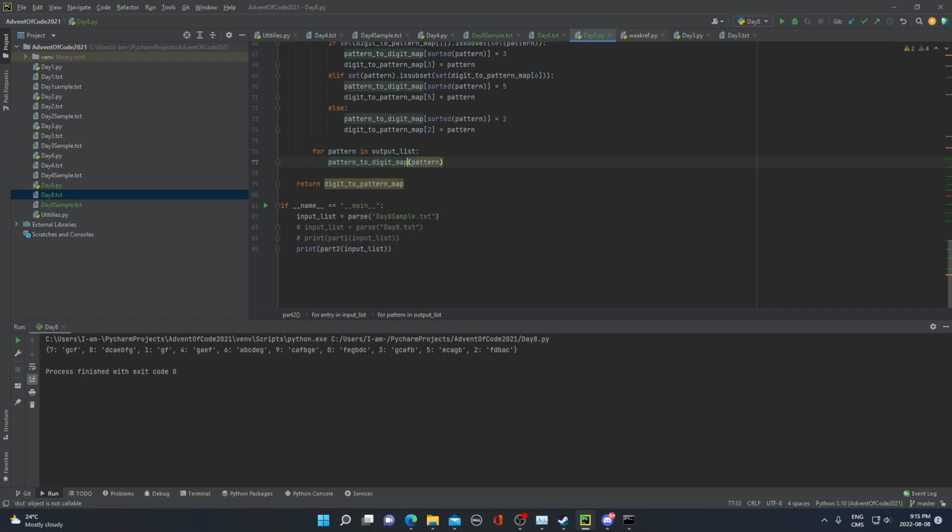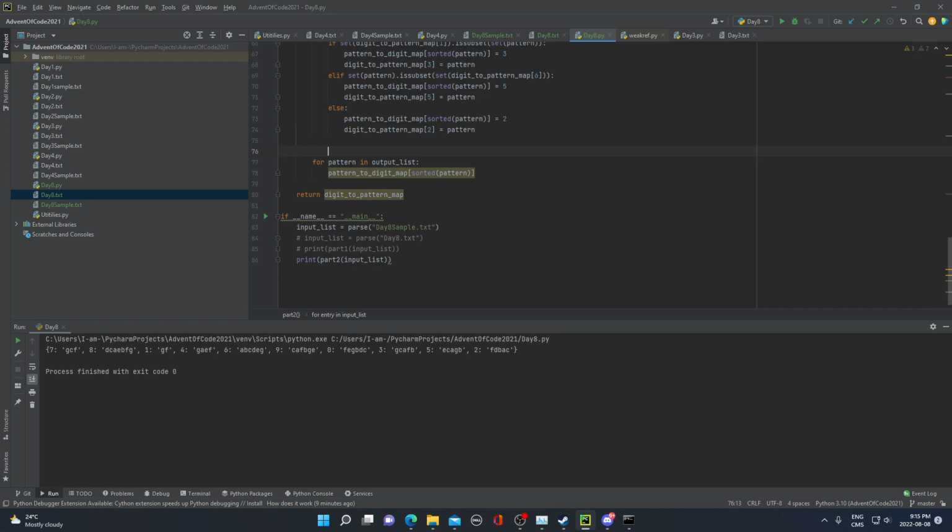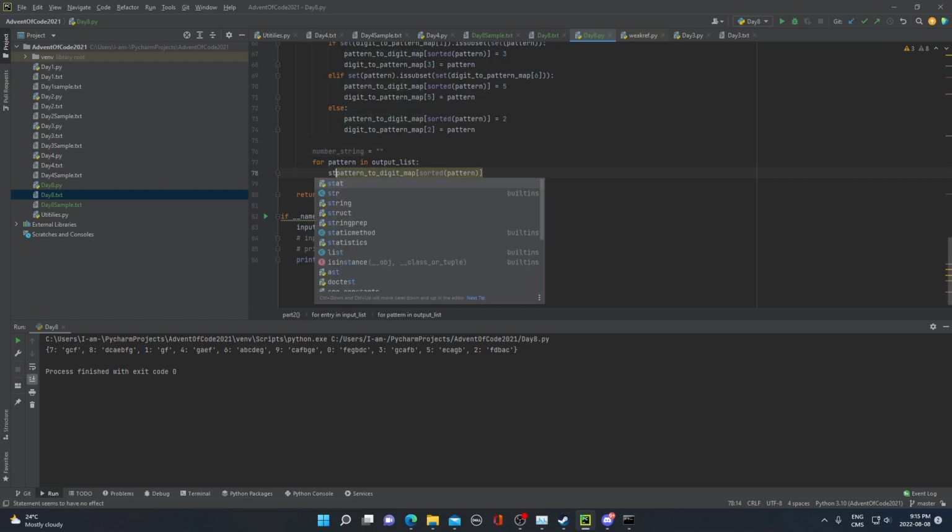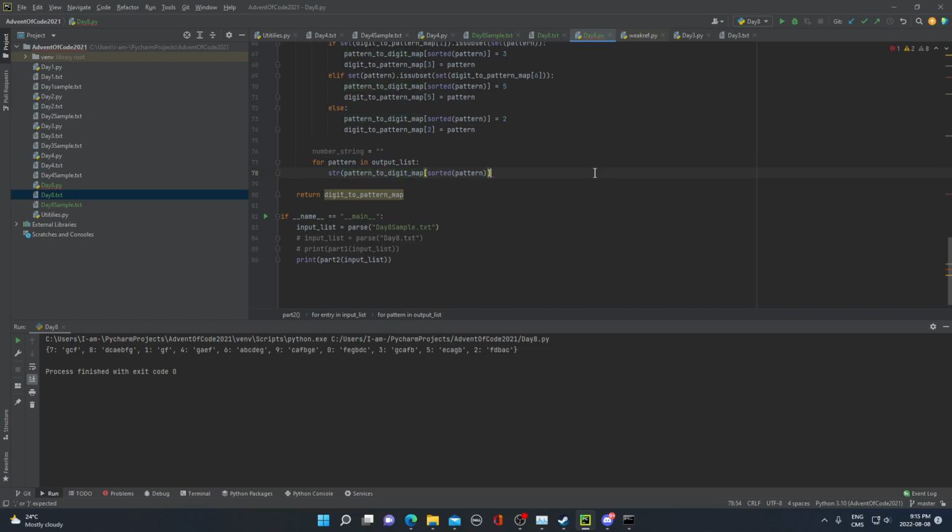Find that value inside this dictionary. Number string equals this. Convert into string first.